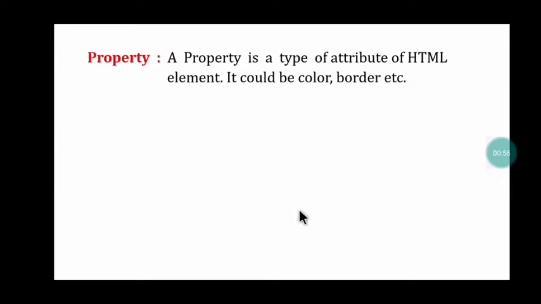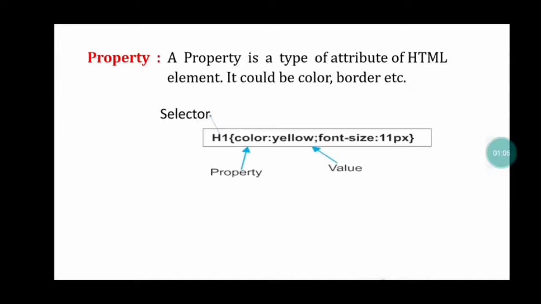Now, what is a property? In the last session we also learned that a property is a type of attribute of an HTML element. It could be color, border, background color, text alignment, etc. Let's see one more example of a style. How to create a style, and what has to be used. While creating the style, you must use the selector and the declaration block.